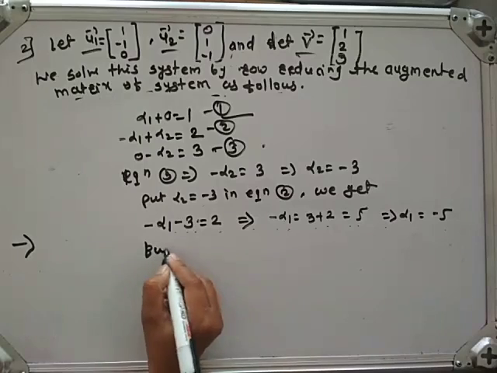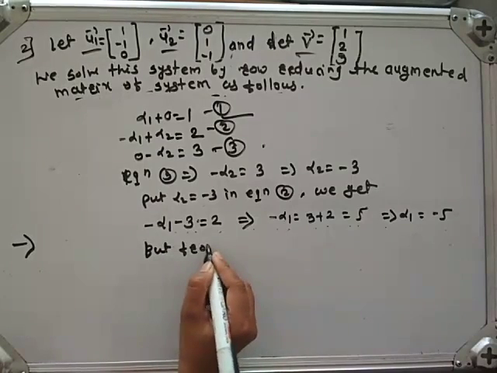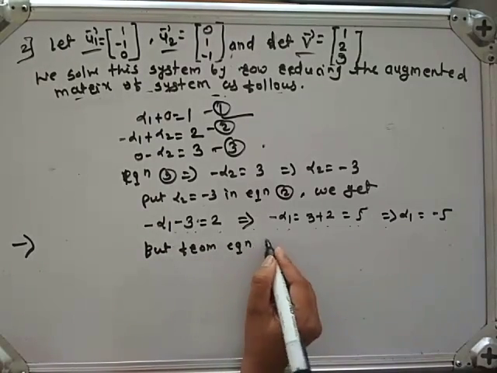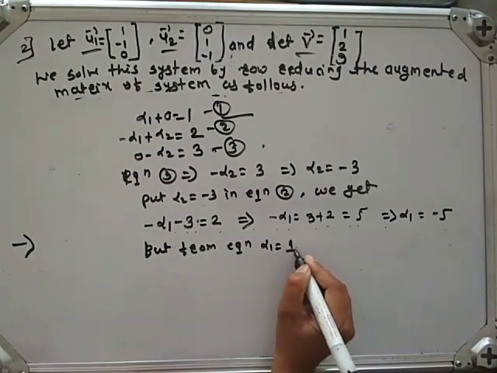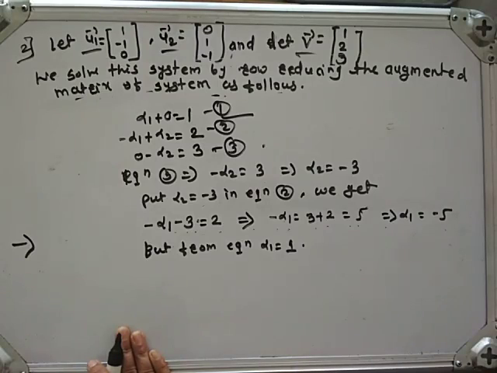But from equation 1, alpha 1 is equal to 1.